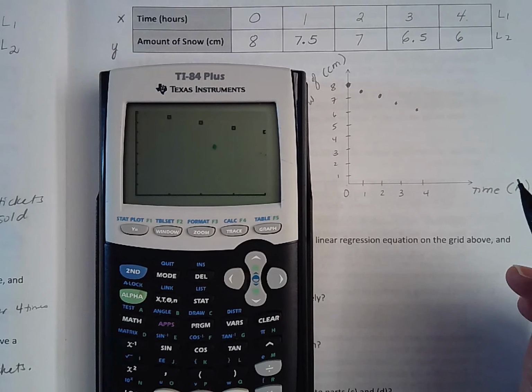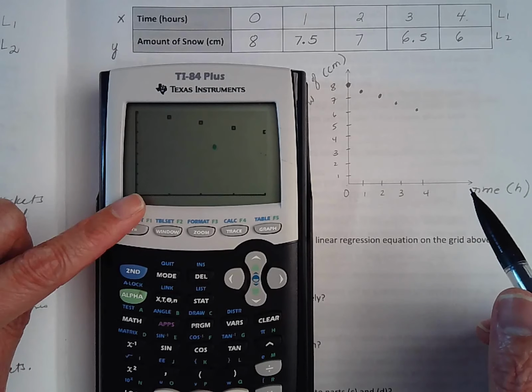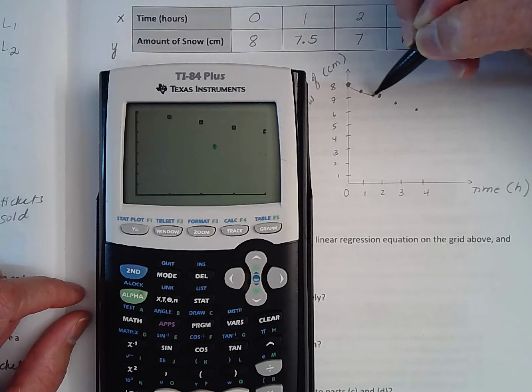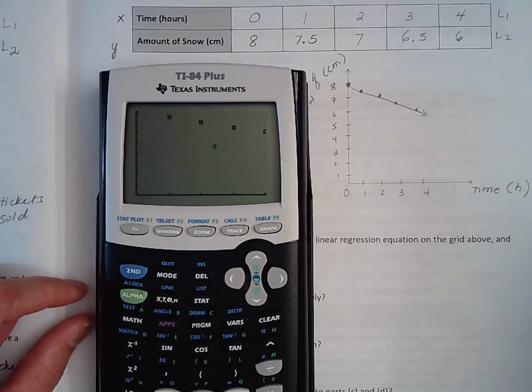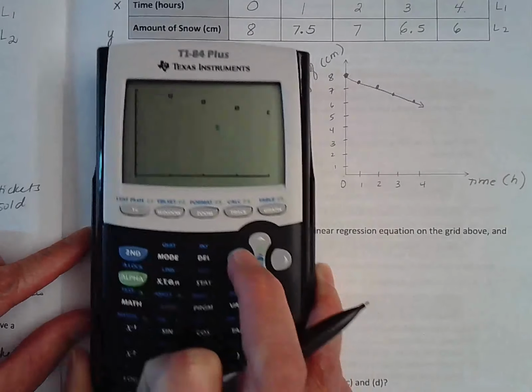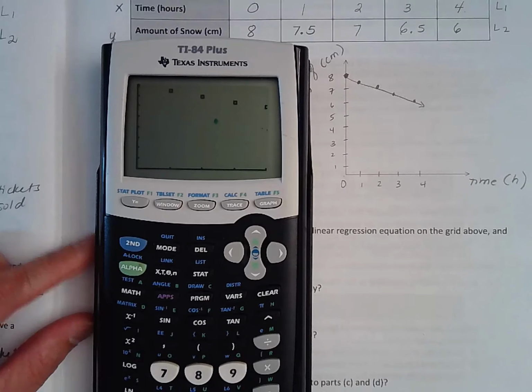Second Y equals, okay? Let's do the regression equation together.